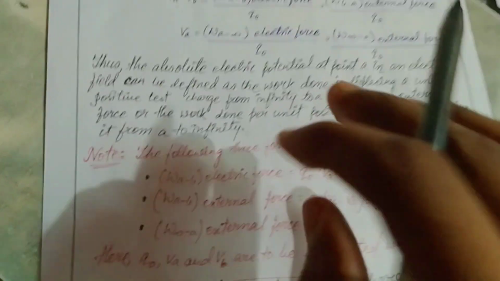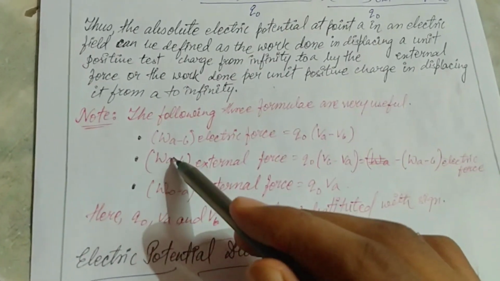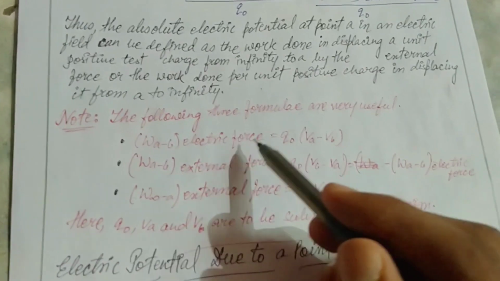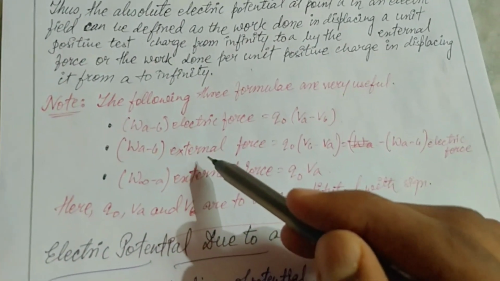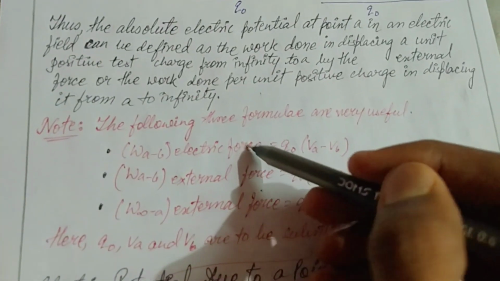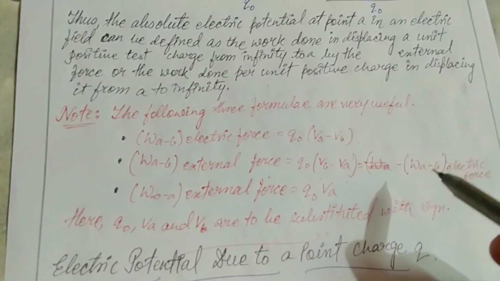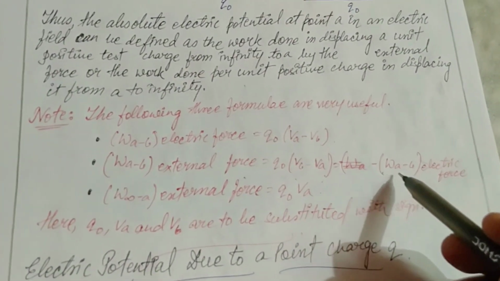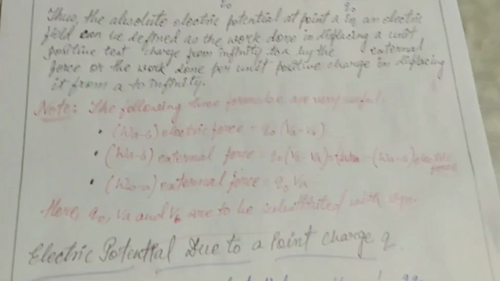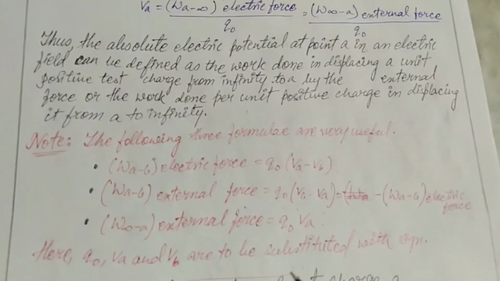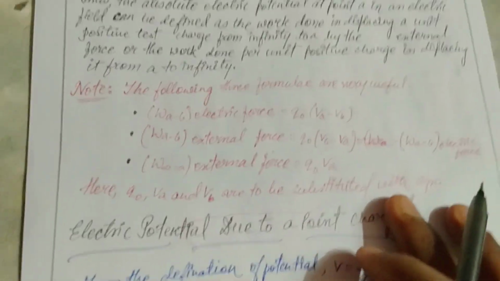This is a very important thing, the absolute potential at some point. The work done from A to B by the electric force is equal to q naught (VA minus VB). The work done by the external force is q naught (VB minus VA), which is the negative of the work done from A to B by the electric force.